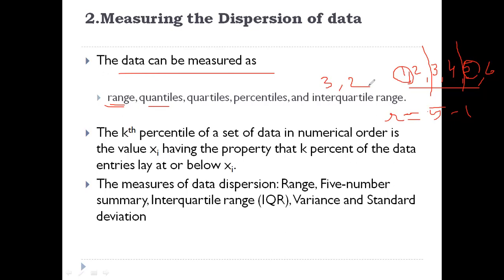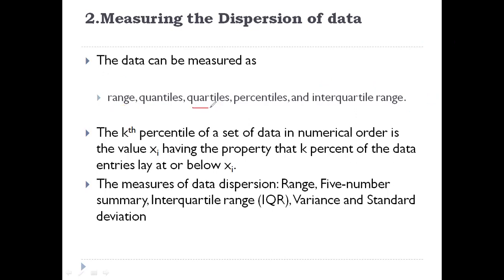Coming to the quartile measurement, the third one: if we have some data, and the data can be divided into 4 equal parts, then that is called a quartile distribution, right?